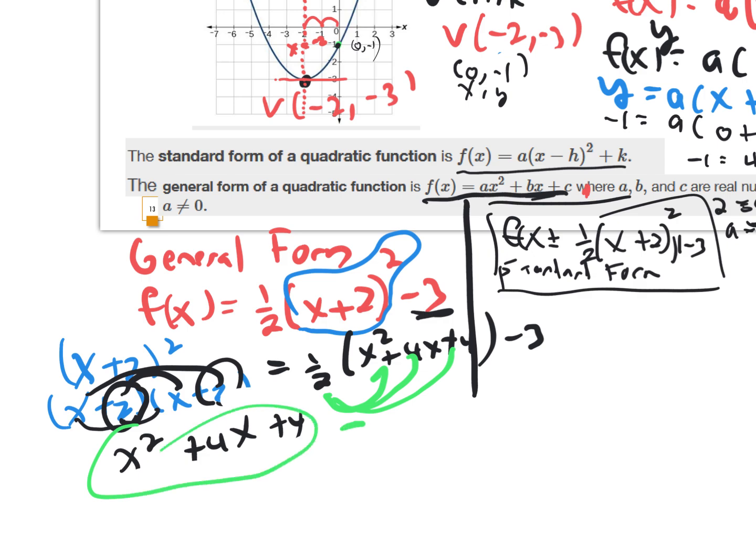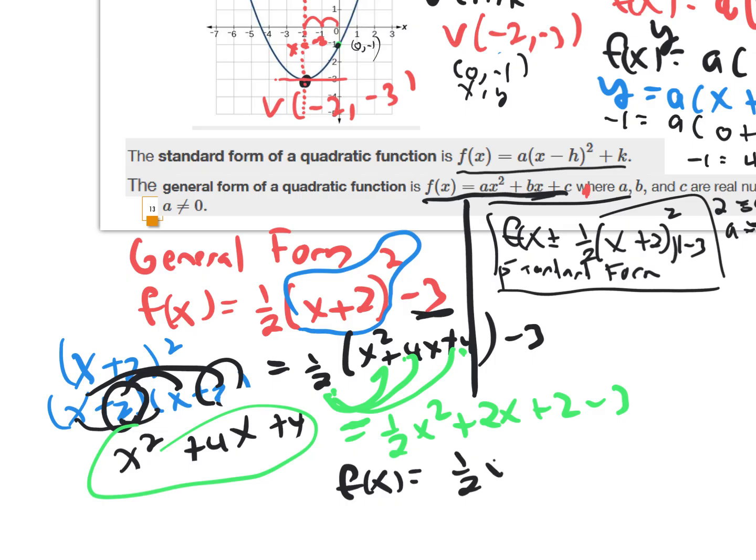So that gives me f of x equals 1/2 times x squared. 1/2 times 4 means half of 4, turns into plus 2x. 1/2 times that 4 is also, I'm sorry, 2. Bring down the minus 3. So final answer, f of x equals 1/2 x squared plus 2x minus 1. There's my general.